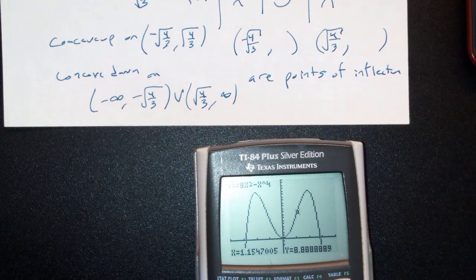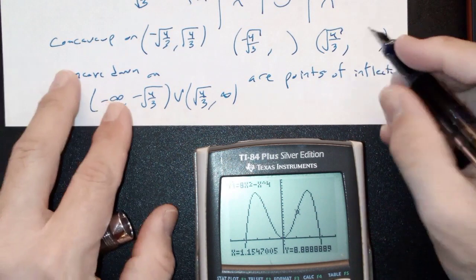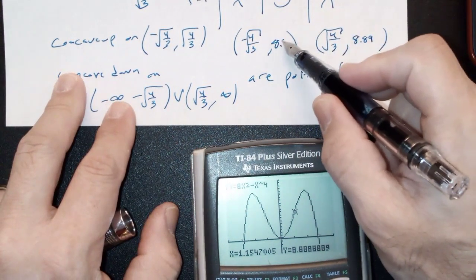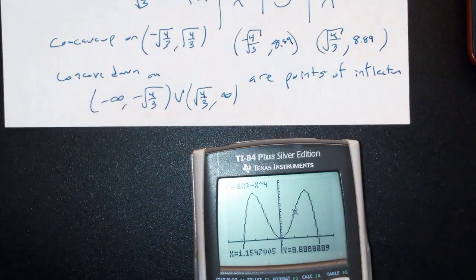Well, that's a beautifully disgusting number, 8.888888888. Okay. But that's the number here. That's also the number here because of my symmetry.